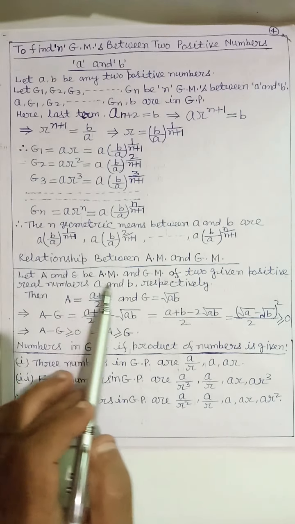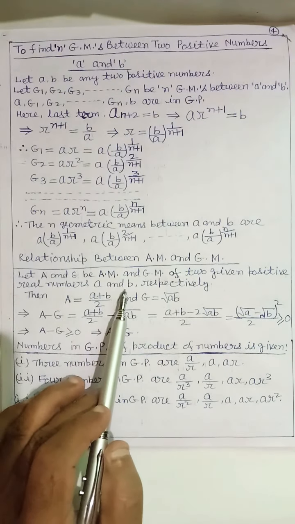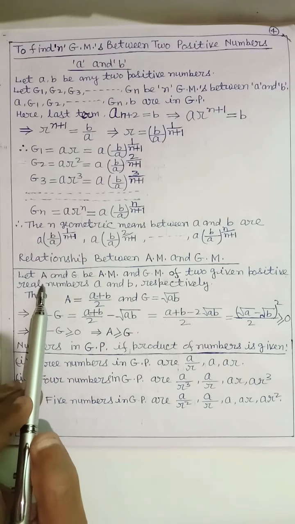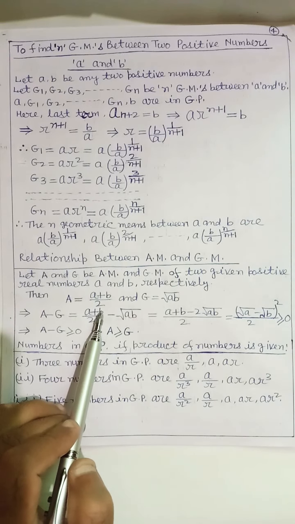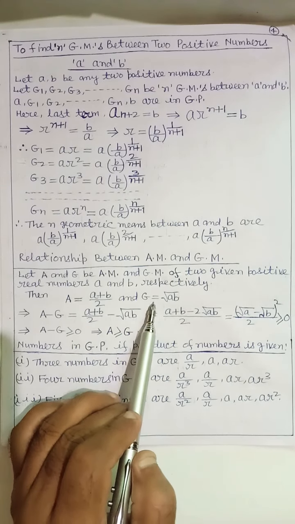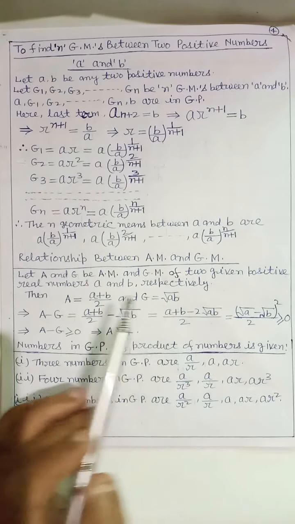Here A and G be the arithmetic mean and geometric mean of two given positive real numbers a and b, as already discussed above. So A is equal to (a plus b) by 2, and G is equal to the square root of ab.